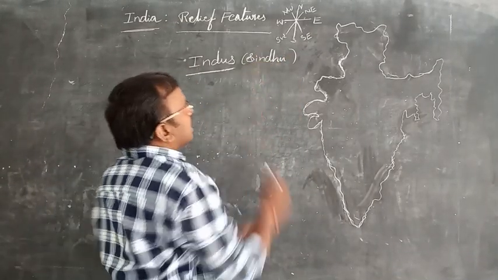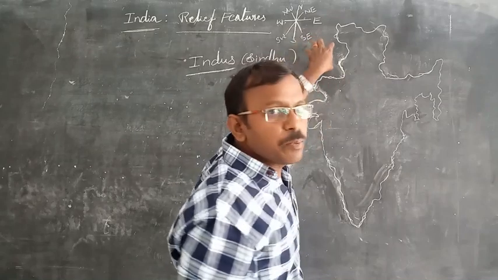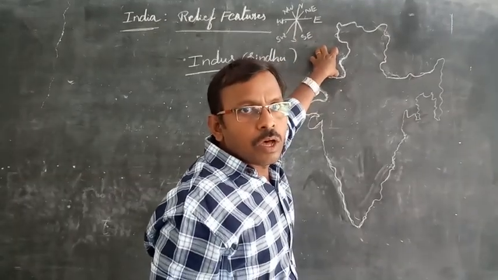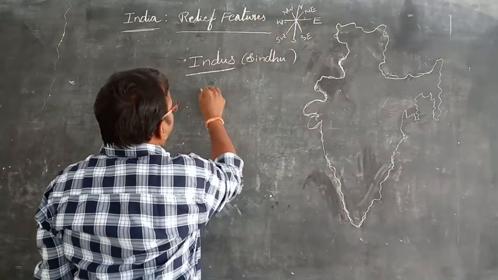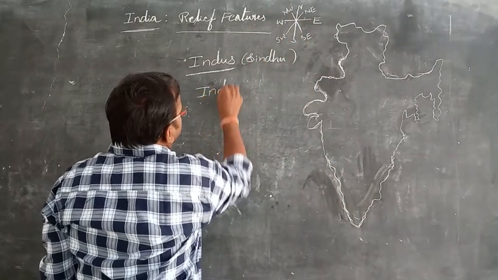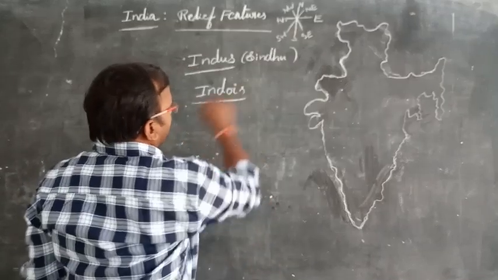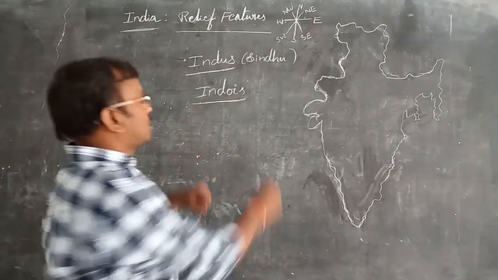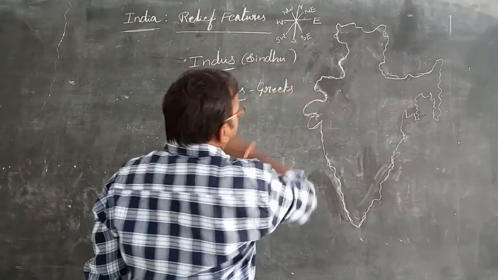Around the Indus River, who are the people living here? They were called Indois by the Greeks.